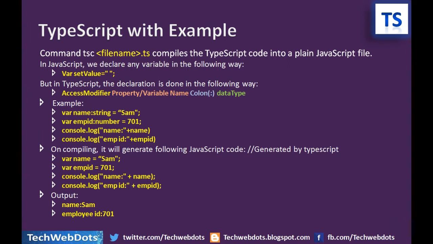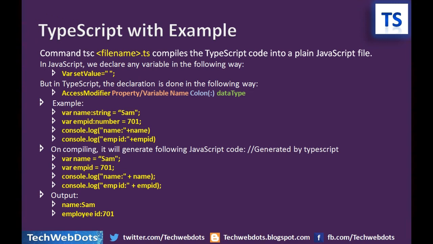In JavaScript, we declare any variable in the following way: normally we just specify var, a name, and assign a value. But in TypeScript the declaration has a proper format. First is the access modifier, second is the variable name or property name, third is a colon, and fourth is the data type.